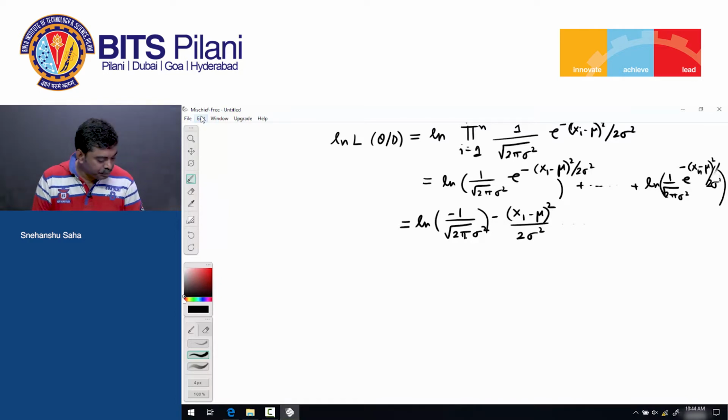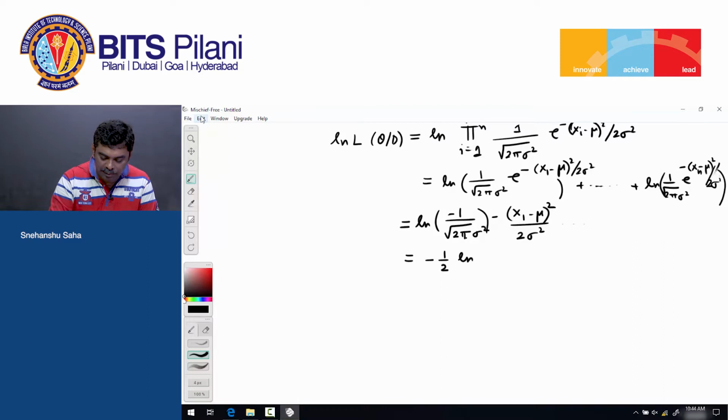Okay, so then if I continue, I'll have minus 1/2 ln of 2 pi, minus 1/2 ln of sigma square, which is minus ln of sigma, minus (x1 minus mu) square over 2 sigma square.